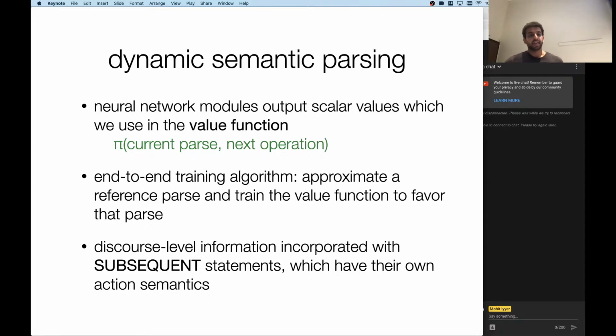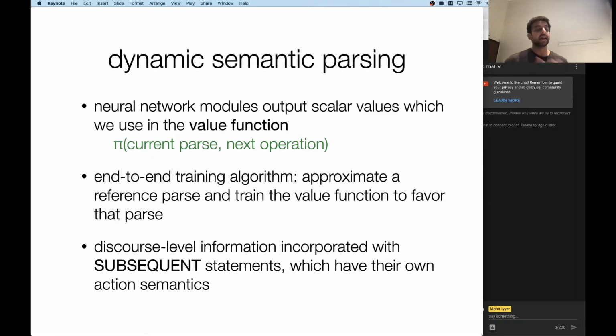So high level, and I'm showing this basically because it's an example of how most of these methods work, in this kind of setting, what you do is you first do a search to obtain some approximate reference parses. Even if they're very wrong, there might still be something good about them.